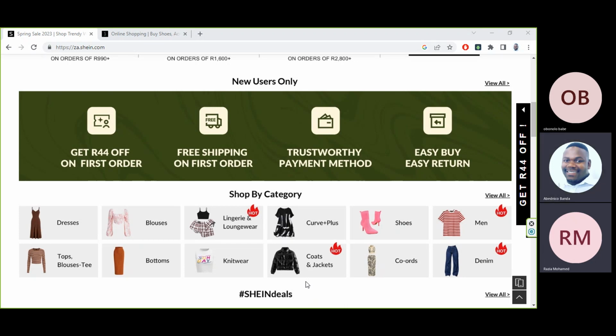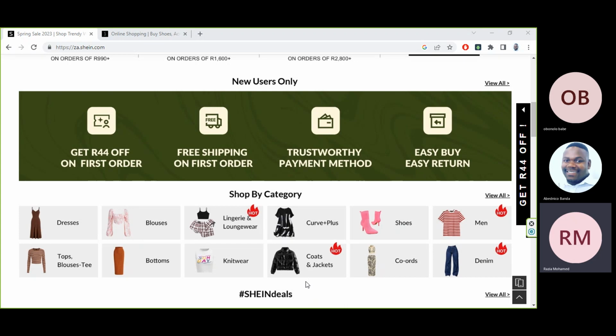Let's hear, what do you think about Superbalist and Shein? So personally, I love Superbalist because I love sneakers and they have a wide range of sneakers. In terms of delivery, they're very convenient because I think they have a collaboration with Takealot as well. So you can go to any one of the Takealot centers to fetch your order, or they can deliver it to your house.